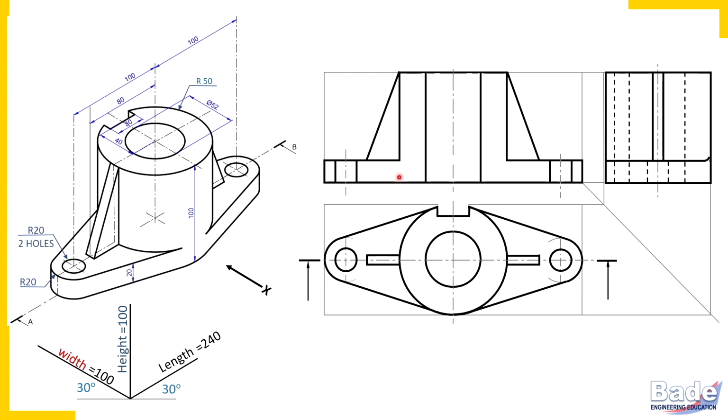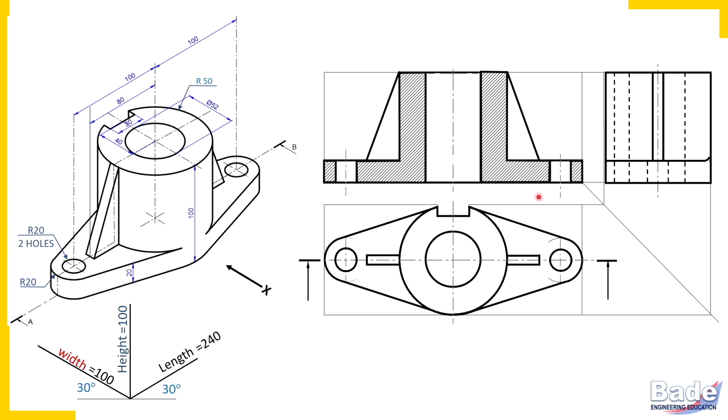So to identify newly generated surface, simply avoid holes and largest surfaces of plates and draw the hatching lines. So here I have drawn hatching lines, here hatching lines, here hatching lines, and so this is how we have completed sectional front view.